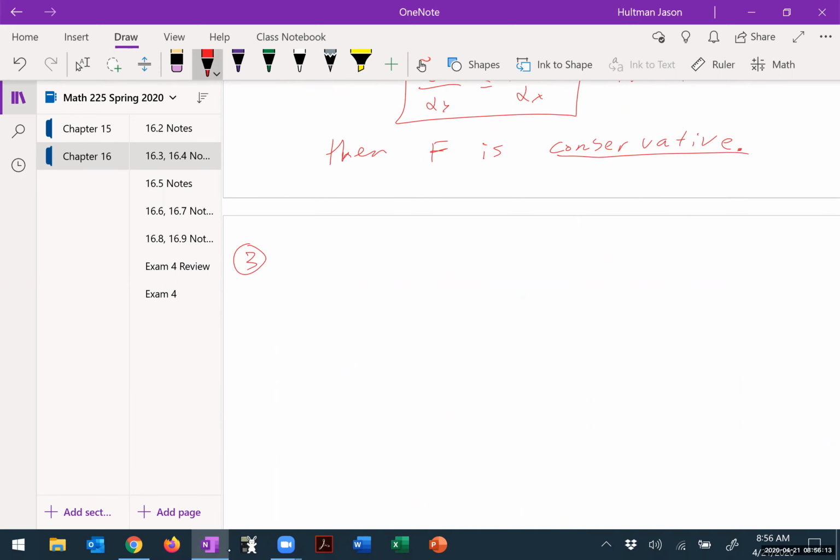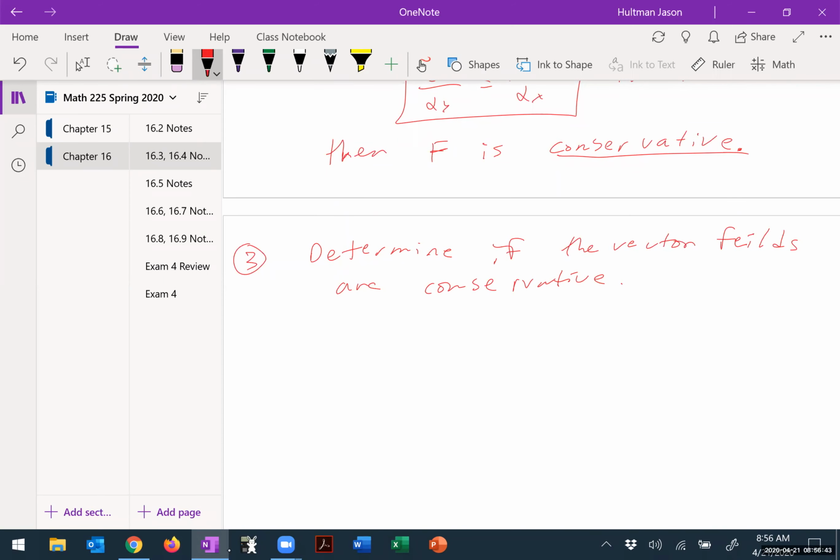Okay, number 3, determine if the vector fields are conservative.